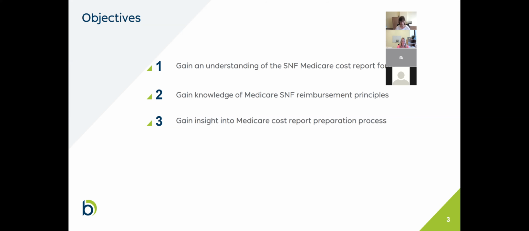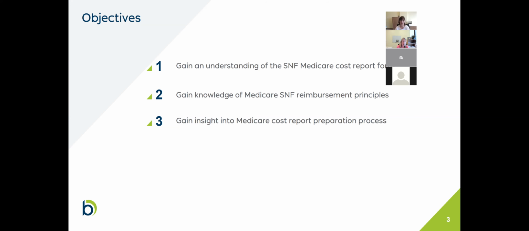CMS does some periodic studies every once in a while where they look at how much time it takes to prepare the skilled nursing facility Medicare cost report. And on average, they estimate that it takes about 200 hours to prepare a Medicare cost report for a skilled nursing facility.